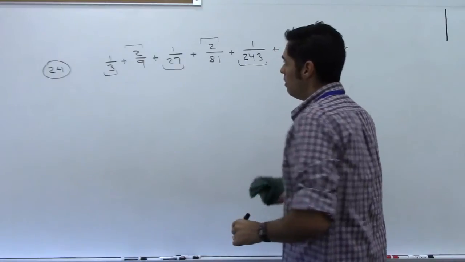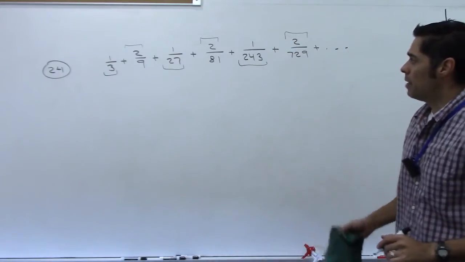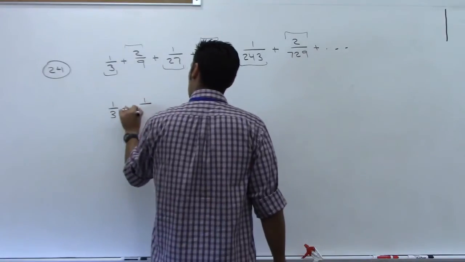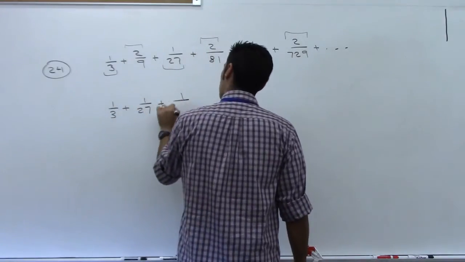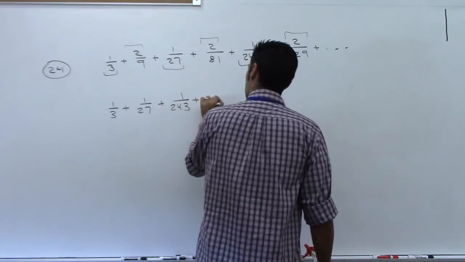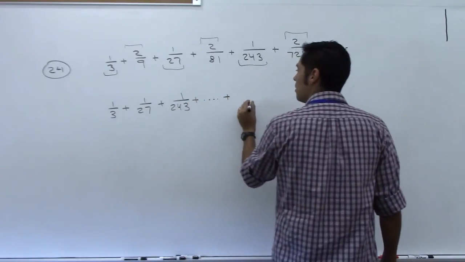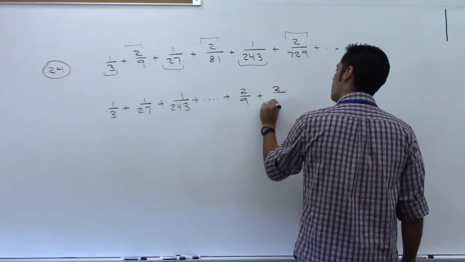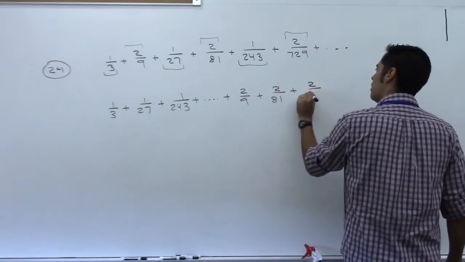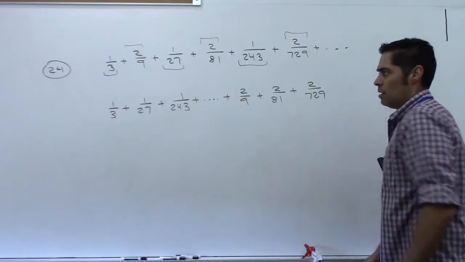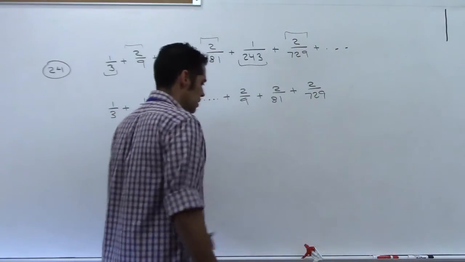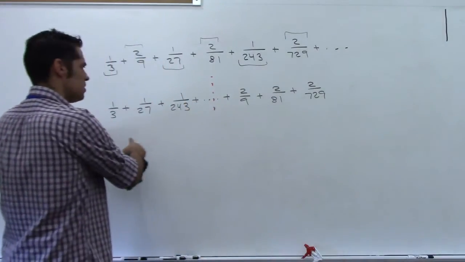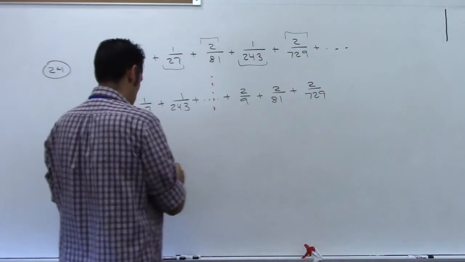The one that has the 1s on it, let me write that one first. It's 1/3 plus 1/27 plus 1 over 243 plus ... And then I have the other series in there, which is 2/9 plus 2 over 81 plus 2 over 729. Now I'm going to work at this and figure out what's the sum for this one and what's the sum for that one.